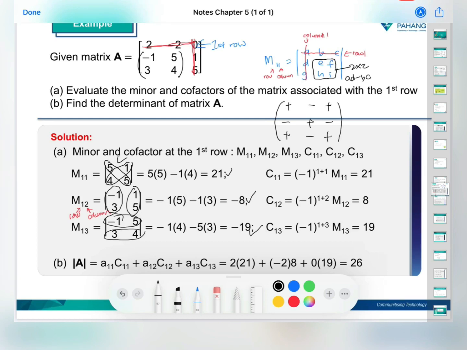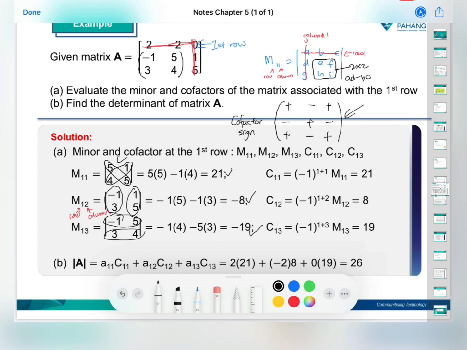This is for the cofactor sign. The cofactor is the same value as your minor, with the sign becoming positive or negative depending on where your element is situated.